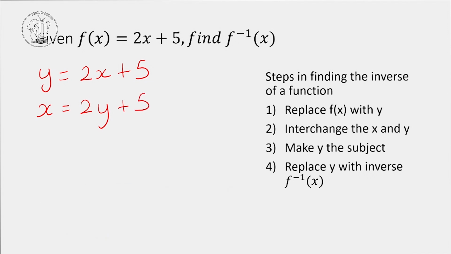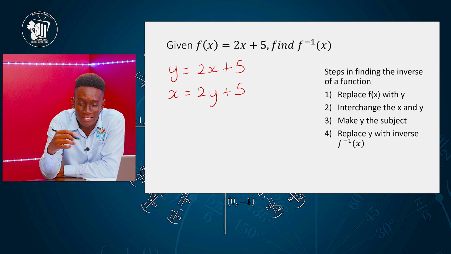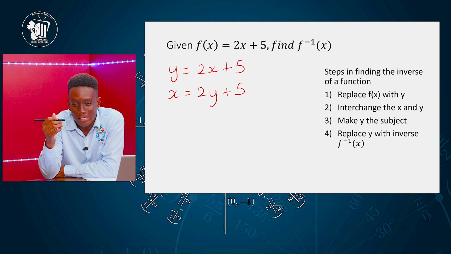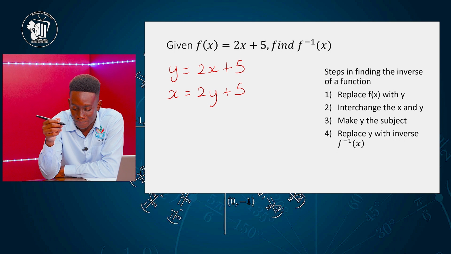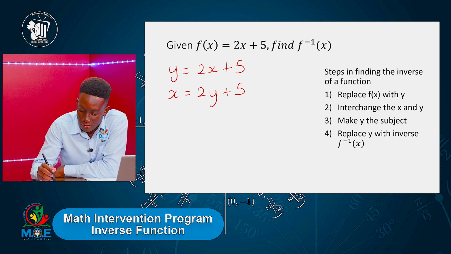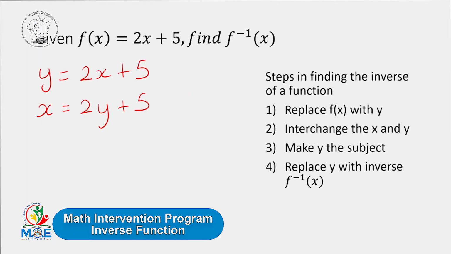And the most important step, the step that gives students a lot of trouble, we now want to make y the subject of the formula. So to make y the subject of this formula, we want to isolate y by itself. The first thing we want to take over is the plus 5. So the 5 is adding, so we take it over the equal sign.